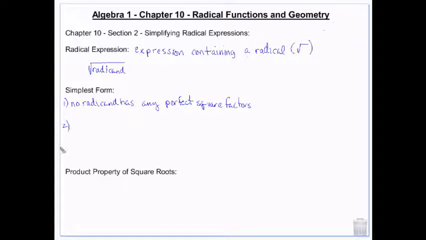Your radicand can't have any perfect square factors. There cannot be a fraction under the radicand, and you cannot have any radicals in the denominator.